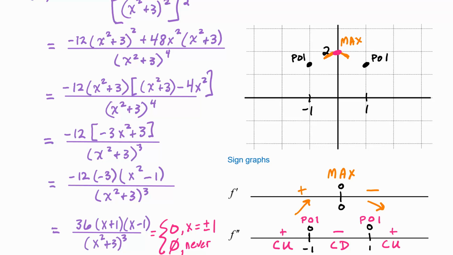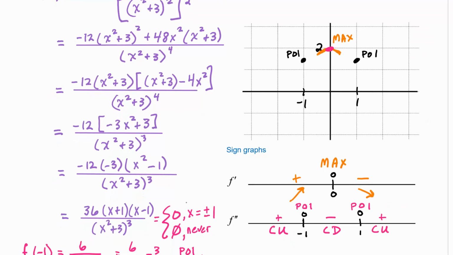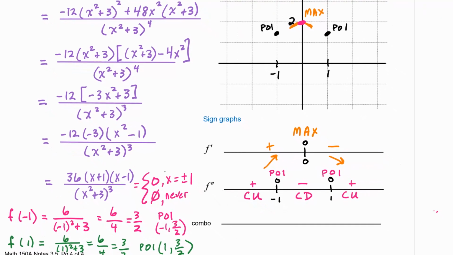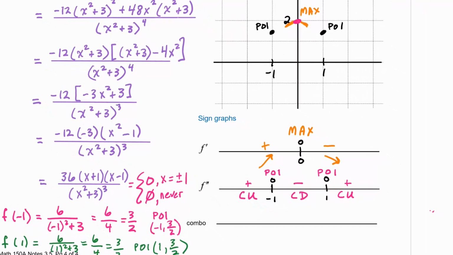So now let's look at our combo graph. Remember, on the combo graph, you want to put any x value that appears anywhere on either of the two sign graphs. So we're going to put -1 where there's a point of inflection.